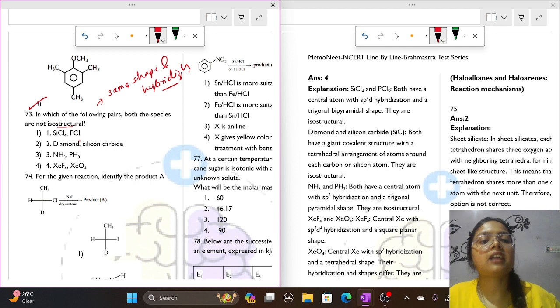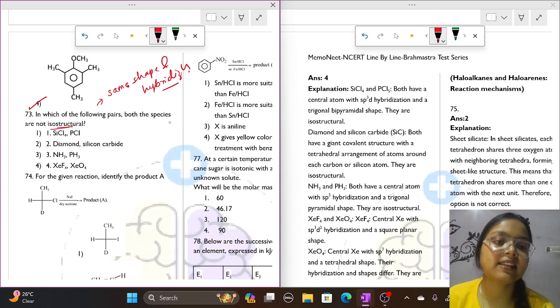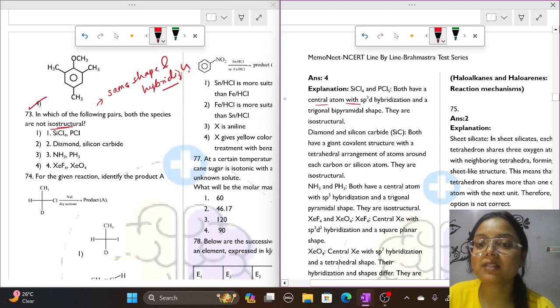Isostructural species are those which have the same shape and same hybridization. So here, first option is SiCl4 and PCl5. These both have the central atom with sp3 hybridization, so sp3 hybridization is same.